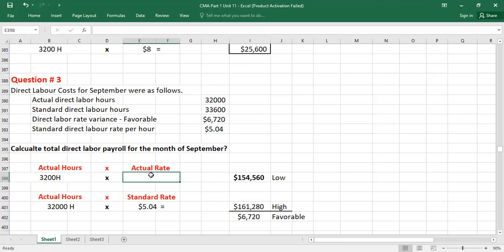So maybe we can just divide 154,560 by 32,000 hours. So the actual rate will be like $4.83. This will be the actual rate, and actual hours were 32,000.